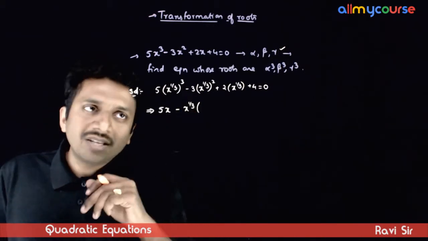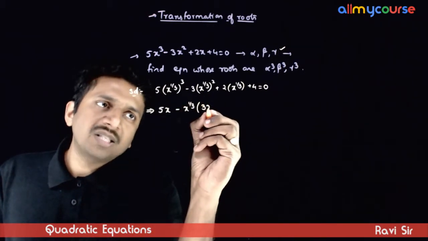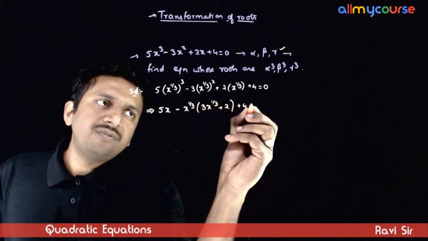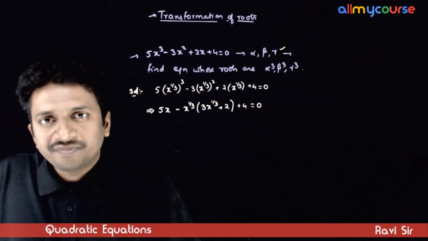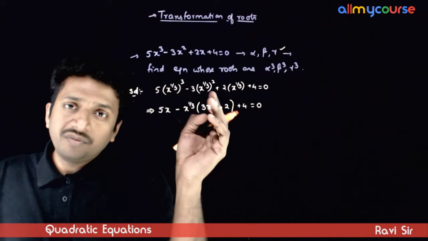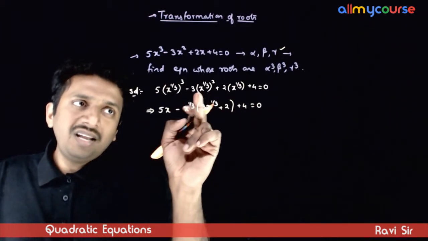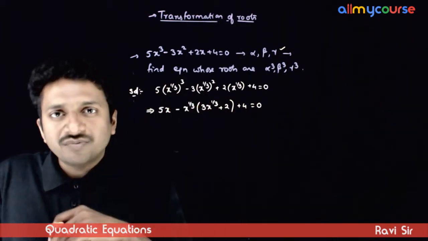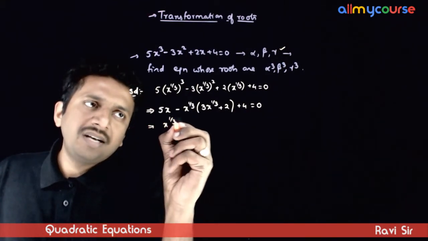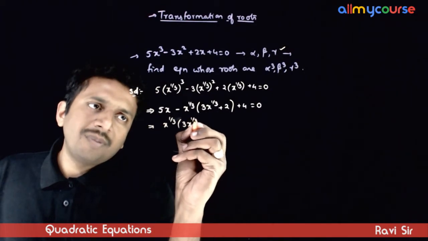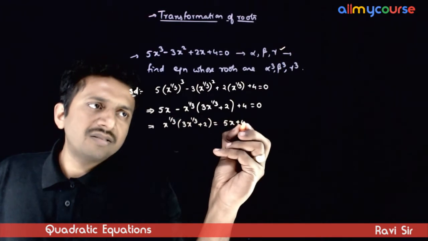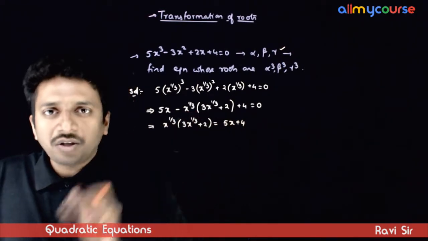If you take x^(1/3) as common, you get x^(1/3)(3x^(1/3) + 2), and so 5x + 4 = 0 becomes x^(1/3)(3x^(1/3) + 2) = 5x + 4. So obviously this is not a cubic equation.